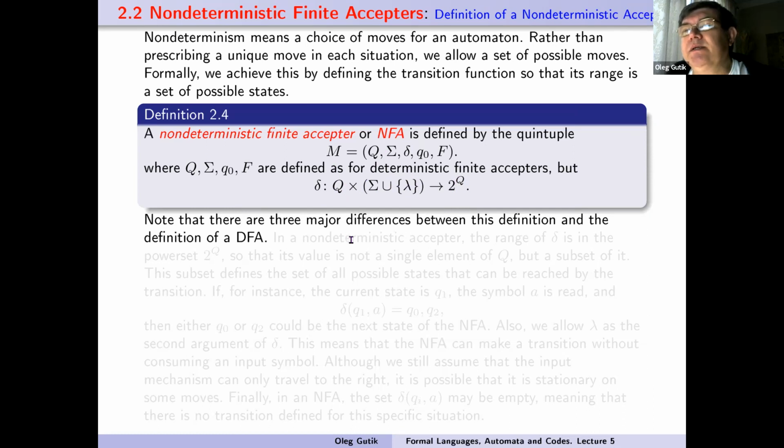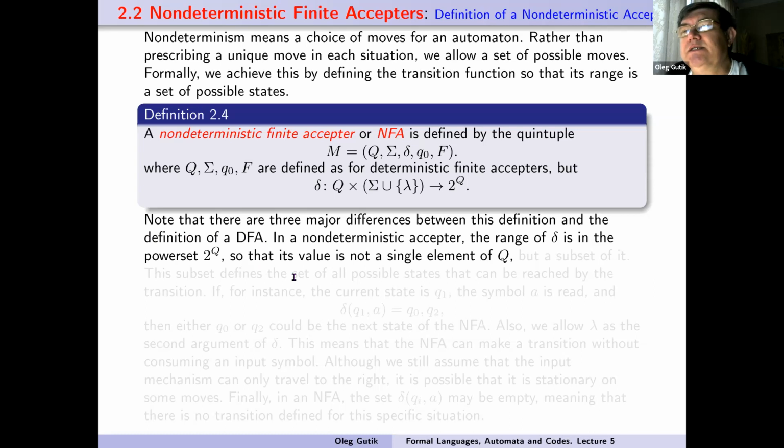Note that there are three major differences between this definition and the definition of deterministic finite acceptors. In a non-deterministic acceptor, the range of the transition function delta is the power set 2 to the power Q, so that its value is not a single element of the set Q, but a subset of it.